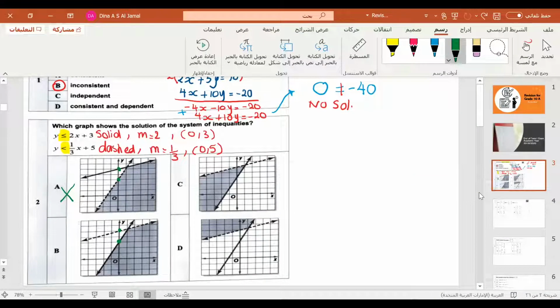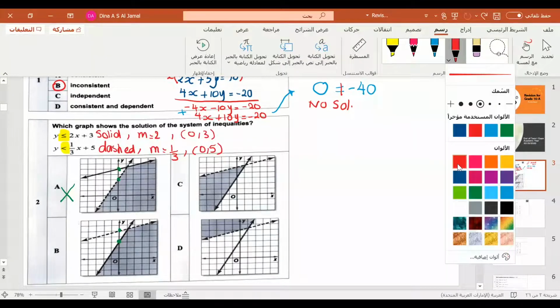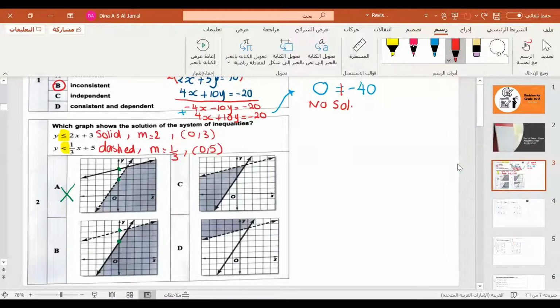Now, let's check C and D. All of them will be having right y-intercept and right slope.